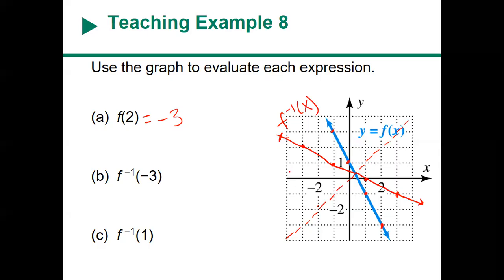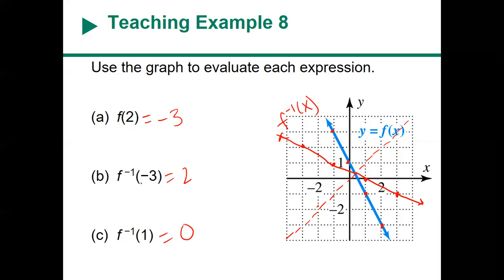Okay, so if I'm looking for -3 on the inverse, what do I get? 2. If I'm looking for 1 on the inverse, what do I get? 0. Okay. Oh, thank you, Zane. Now, could you do this without actually graphing the inverse? Yes, you would have to think about this.